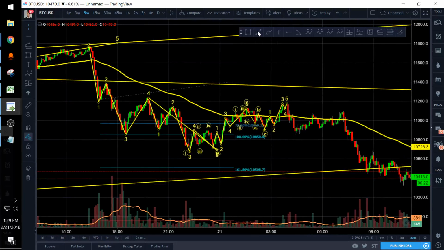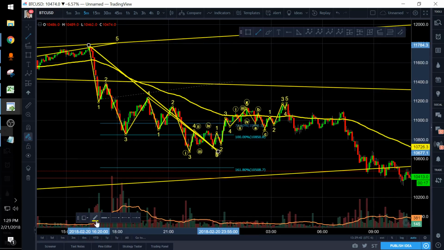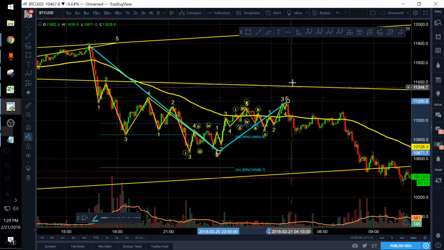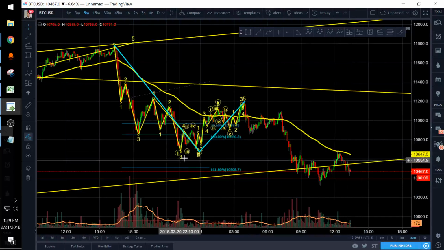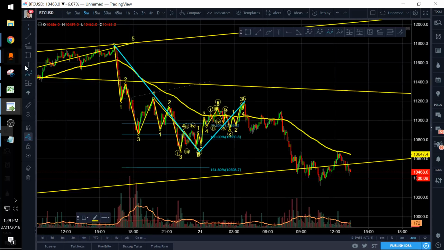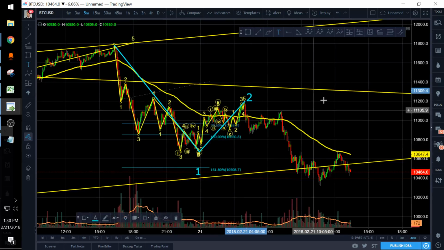So now what I officially count is wave 1, which I'll make blue actually. And now I count wave 2. Now where's the wave 3? That's the important thing. If this was wave 1 right there, we're going to use it as a very hard support, or hard resistance rather. Okay, that's 1. That's 2.